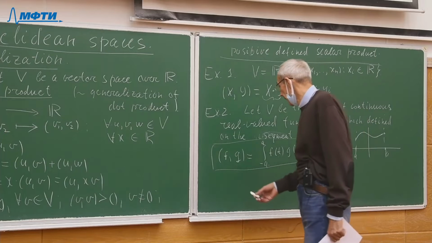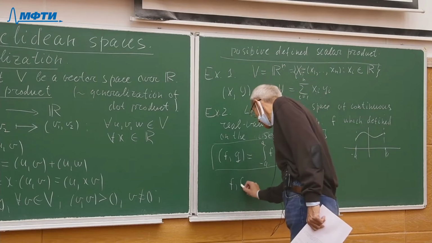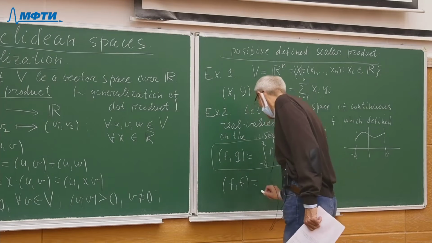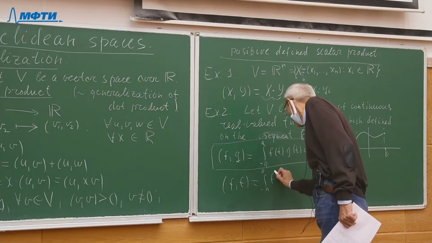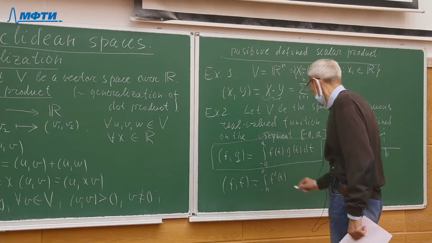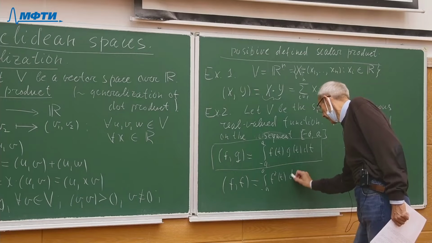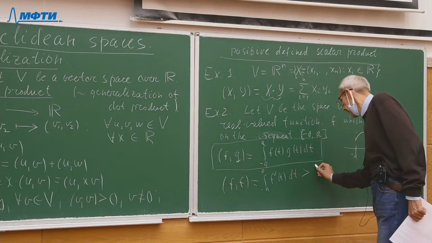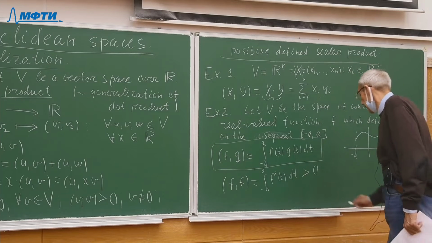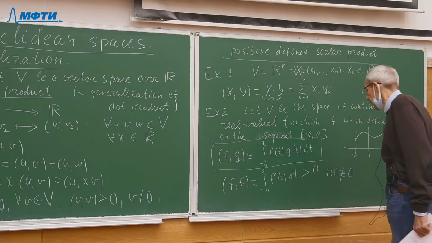Namely, we need to check the following condition: the scalar product of f with itself, the integral of f square t dt, is strictly greater than 0 if f of t is not identically 0.